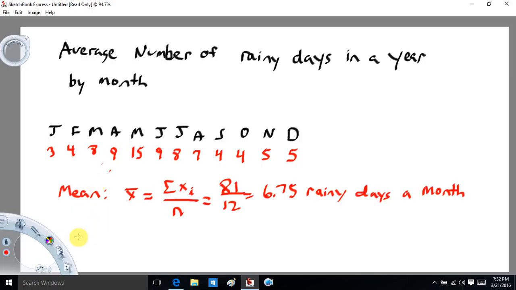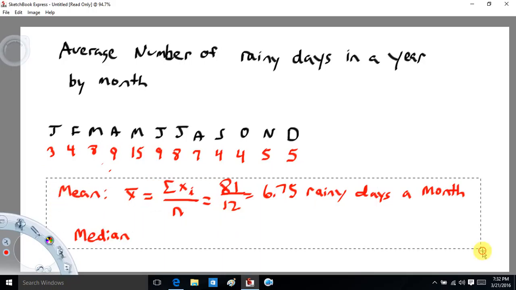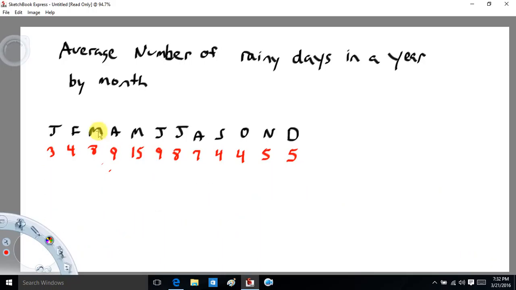The second measure we're trying to find is the median. Okay, so let's make some space for this. Okay, median. In order to find the median, we first have to arrange these numbers in increasing order. So we start with 3, 4, and why don't we do this in another color?